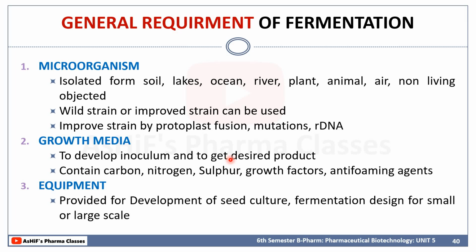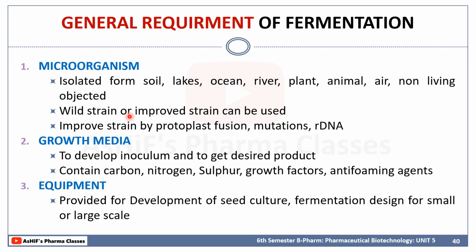Before starting with the equipment used for the fermentation, let's discuss the general requirements for the fermentation. As we mentioned, fermentation is a process of culturing the microorganism in a culture media by using an equipment. These are the three requirements for a fermentation process. We need a microorganism which is usually isolated from the soil, lake, ocean, river or plant, animal or air, non-living objects, any kind of microorganism which has an ability to convert some of the natural components to structurally related compounds.